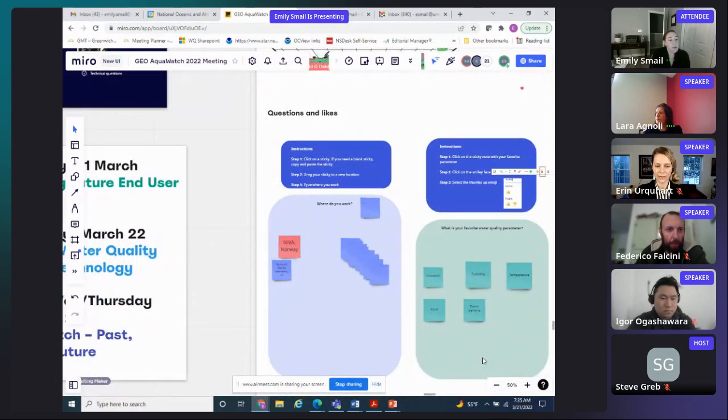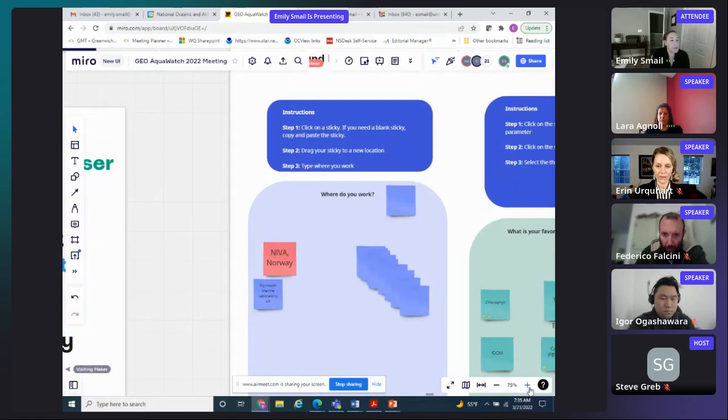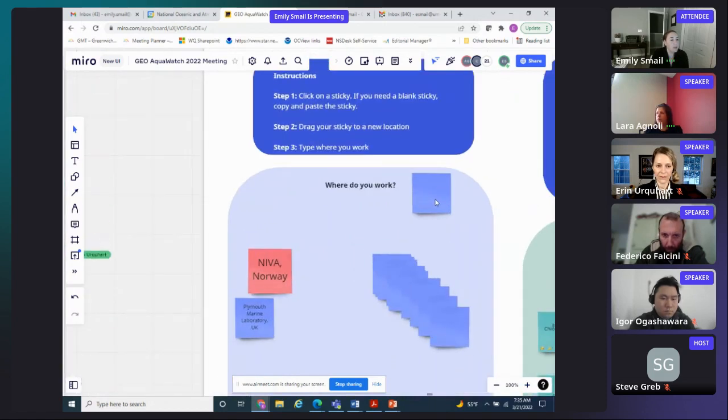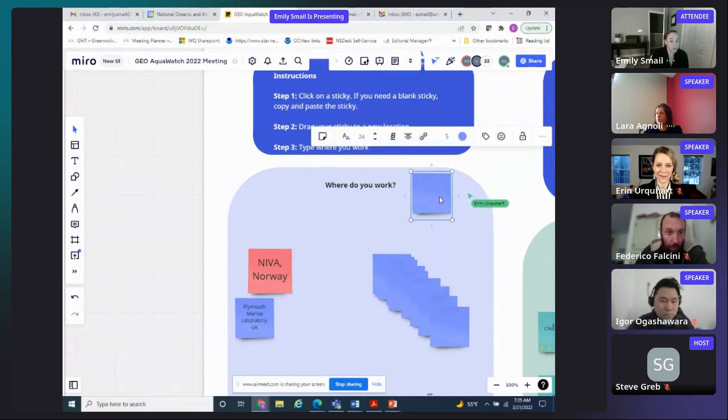And then we have an icebreaker, which is what we're going to be using for most of the sessions, which are what they call sticky notes. The way these work is if you just double click on a sticky note, it will pop up, and you can type something in there.